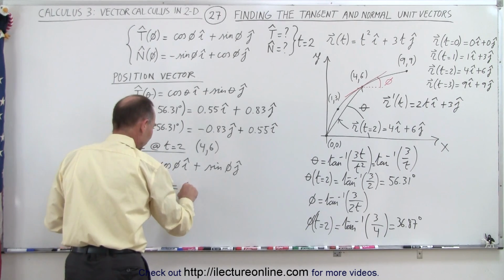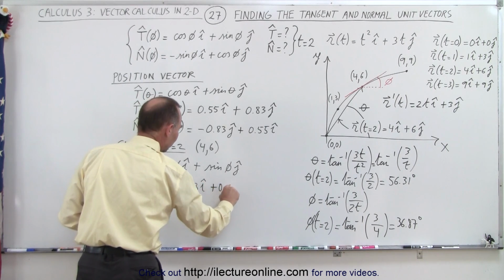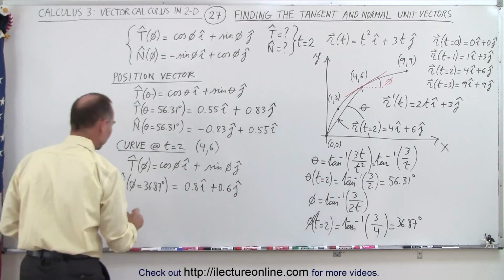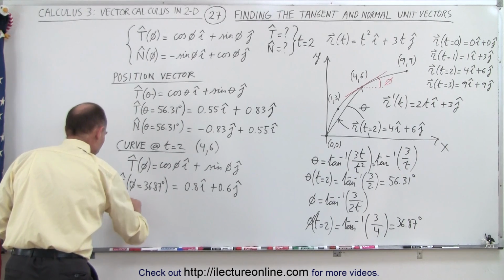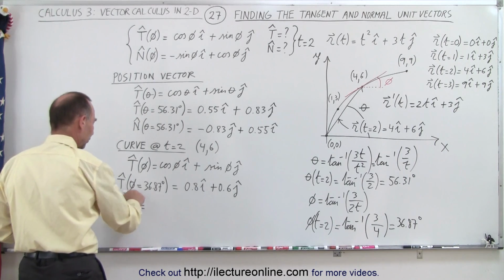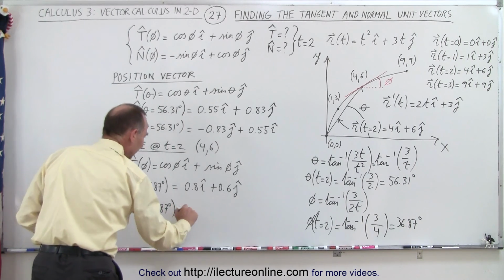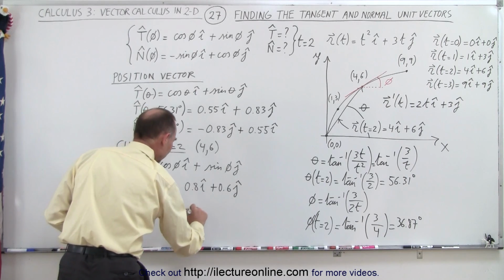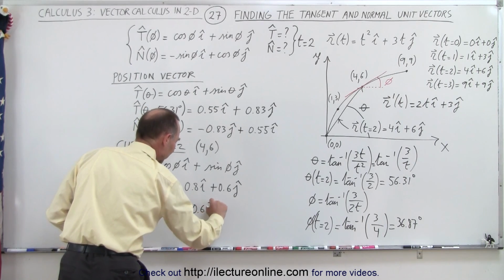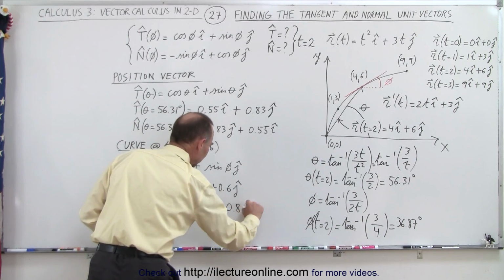So it would be 0.8 in the i direction plus 0.6 in the j direction. To find the unit normal vector relative to the curve, we use the angle phi, 36.87 degrees. We take the negative of this and put it over here, negative 0.6 in the i direction, and we take the positive of this and put it in the j direction.